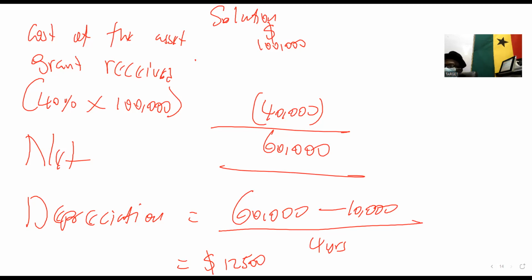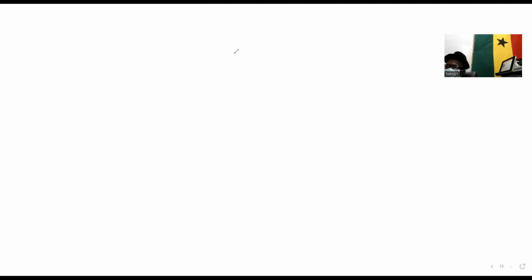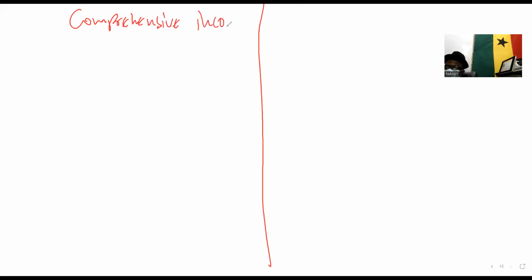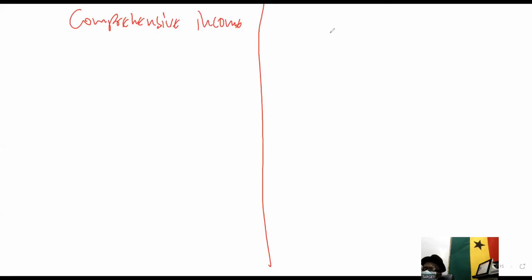How the P&L looks like, how the balance sheet looks like. With this, the grant itself does not enter the P&L. Take notice. Just follow the storyline. Let me do the comprehensive income here, and the financial position.